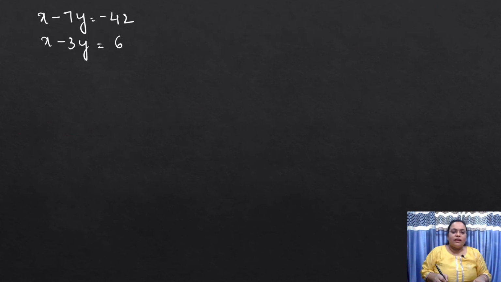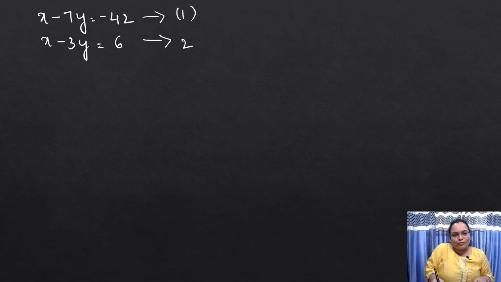Okay. So we have got these two equations, right? Equation 1 and equation 2. So from these two equations, which equation do you think is simple? That is equation 2, right? So we will take this equation and find the value of x.